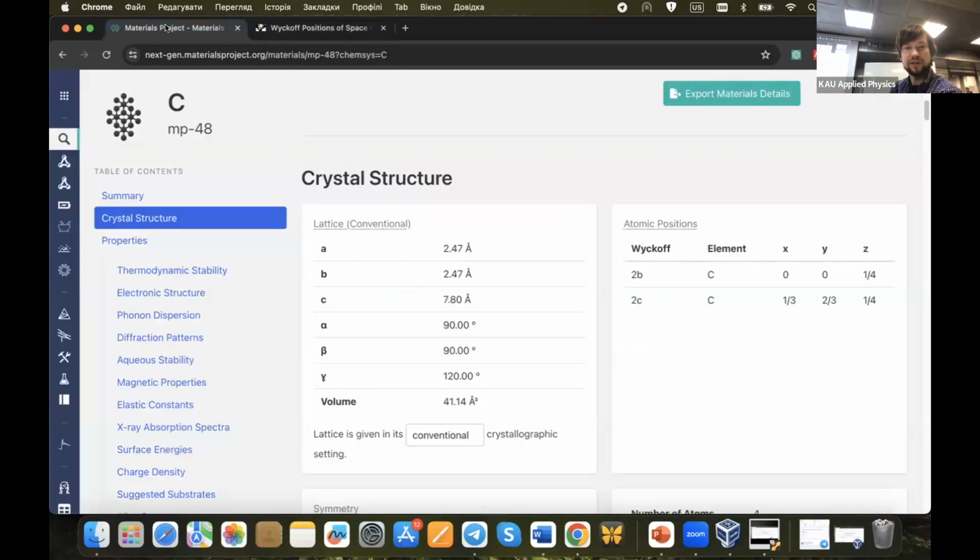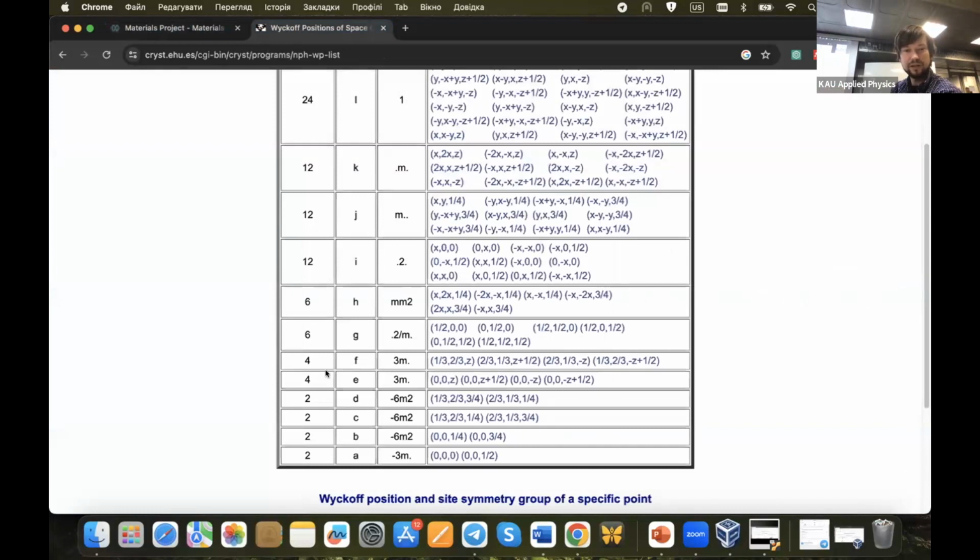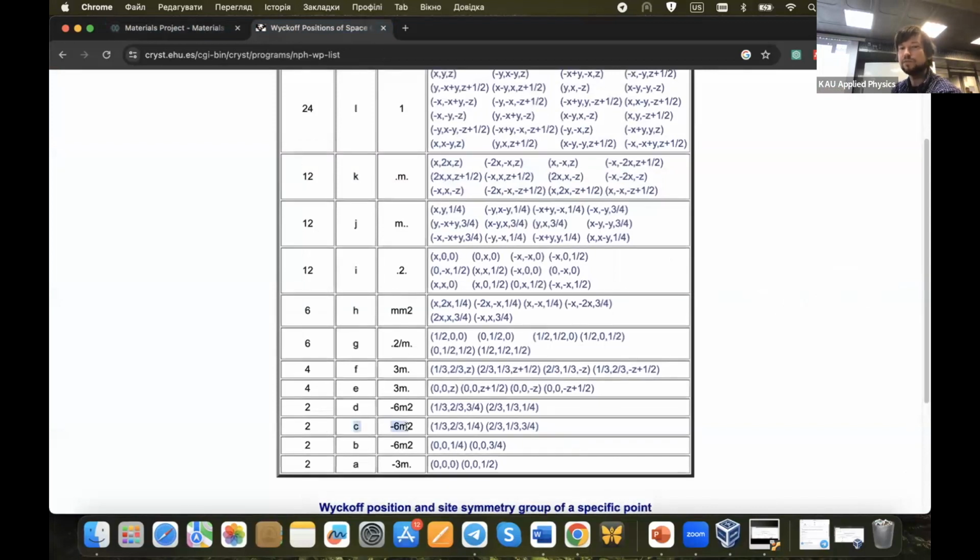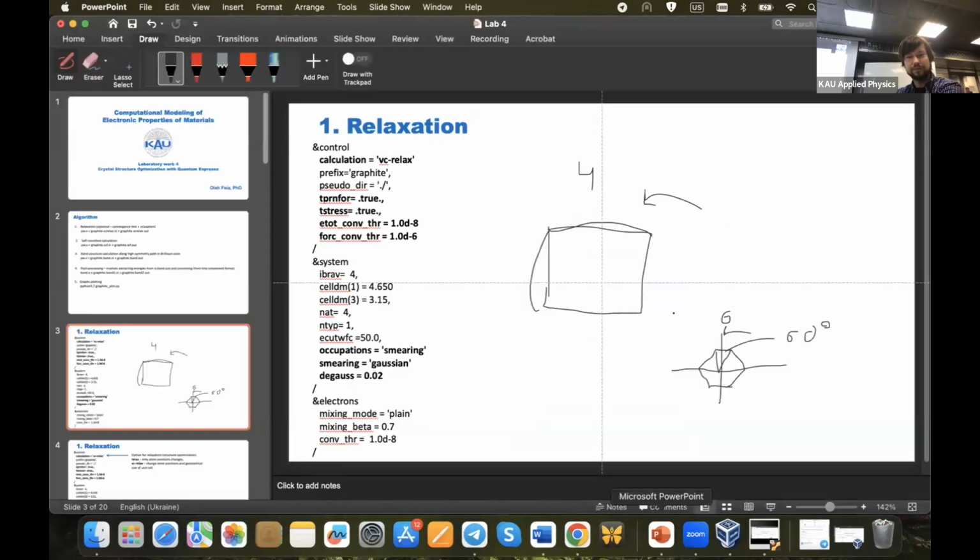Then what else do we have? We have 2C, 1/3, 2/3, 1/4, and it also stands for 2 atoms. And what symmetry operations do we have? We have the same symmetry operations. It means if we rotate some coordinate 1/3, it will go to -1/3. If I take some coordinate 1/3, for example, it will be somewhere here. We can rotate it, and it will be somewhere here.